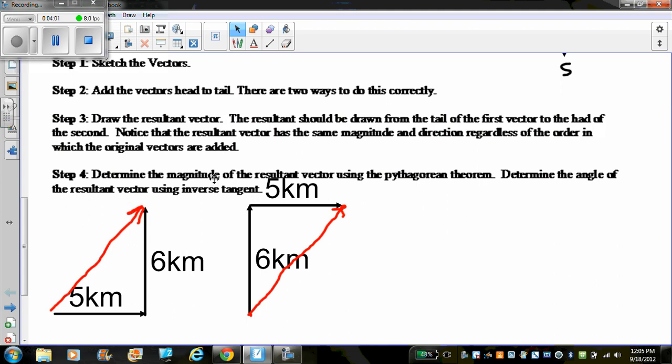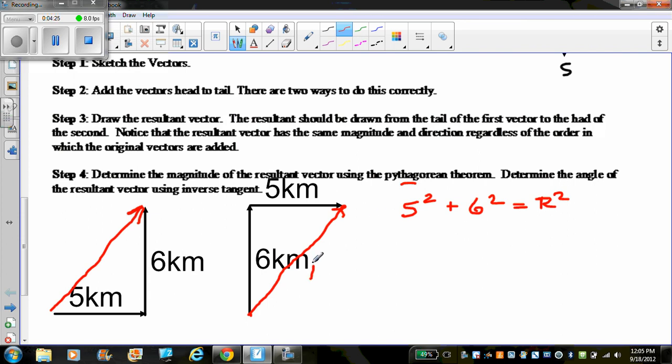Now it says determine the magnitude of the resultant vector using the Pythagorean theorem. Okay, well, I'm quite familiar with the Pythagorean theorem, so I'm going to take 5 squared plus 6 squared equals r squared. I'm going to call my red vector my resultant vector.